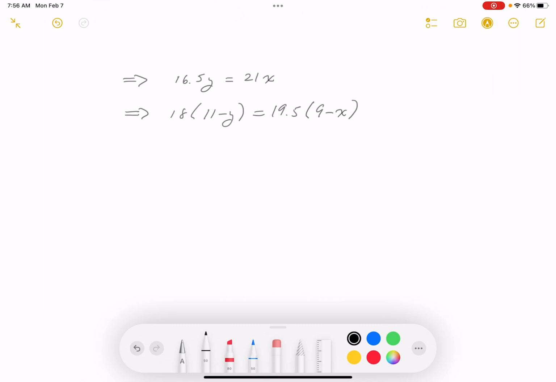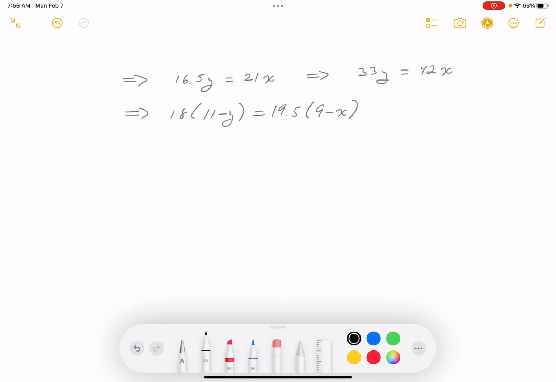What I'm going to do is look at this first equation and get rid of the decimal part initially. I'm going to multiply by 2. So it's 33 Y, and that's going to be 42X. All right, let me see if I did that right. 2 times 16 is 32, and 2 times 0.5 is 1, so 33.